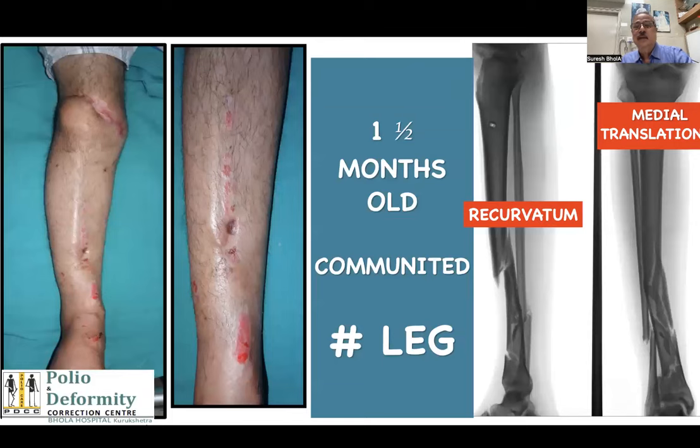Another case, 1.5 month old neglected fracture of the leg. You can see the skin condition is not very good. There is recurvatum. There is a large area of the fractured bone. Along with that, in the frontal plane, there is medial translation with angulation.